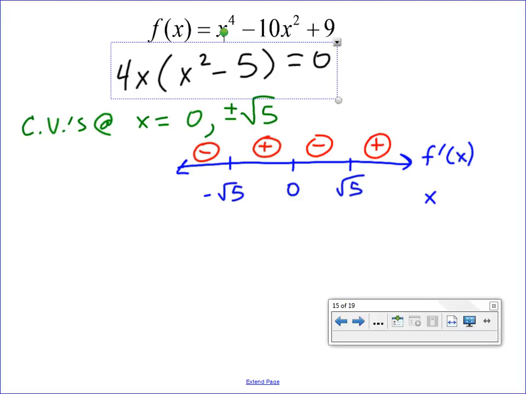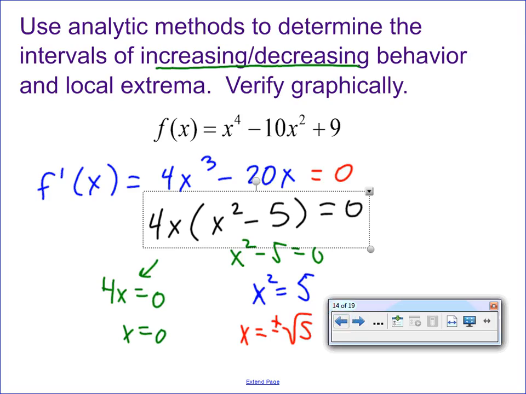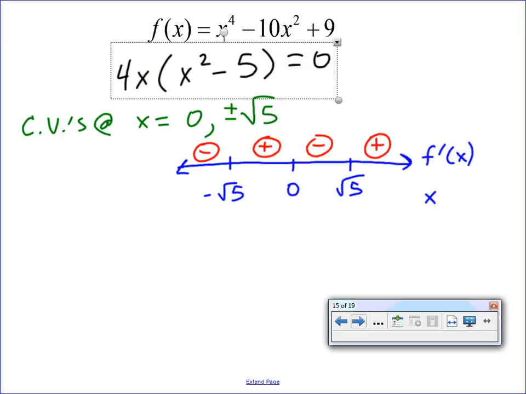What, if anything, have we learned? Well, it looks like f is decreasing wherever f prime is negative.